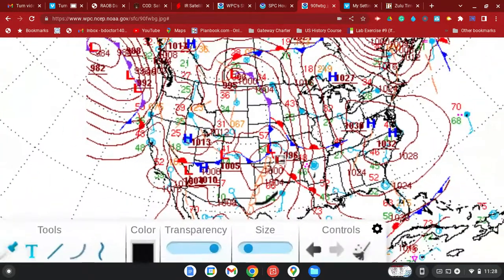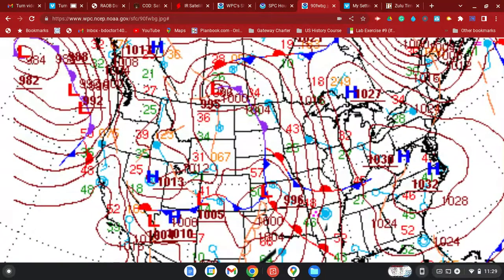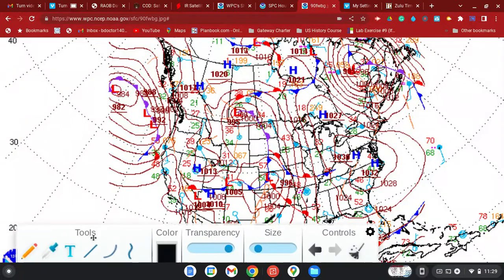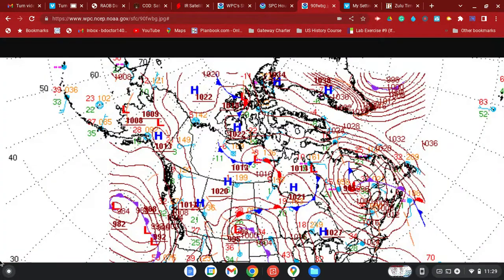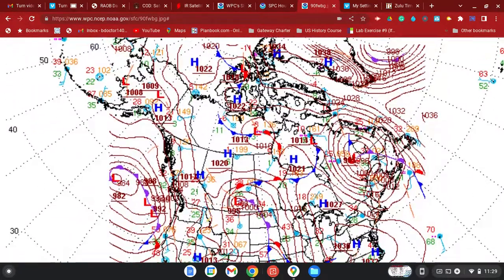So we have just read a weather map together. If people say, I read a weather map in the morning, well, what does that mean? It means exactly what we just did.